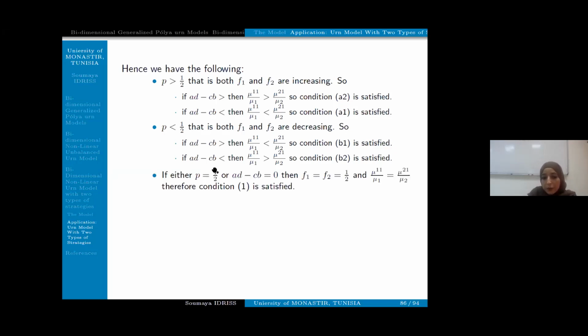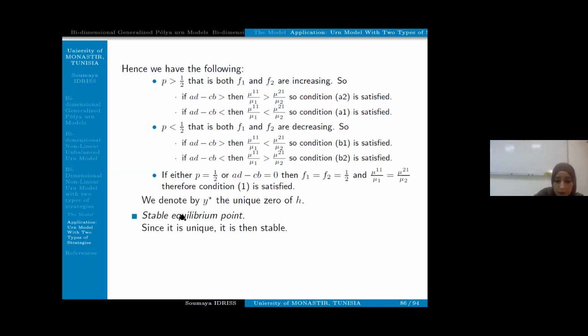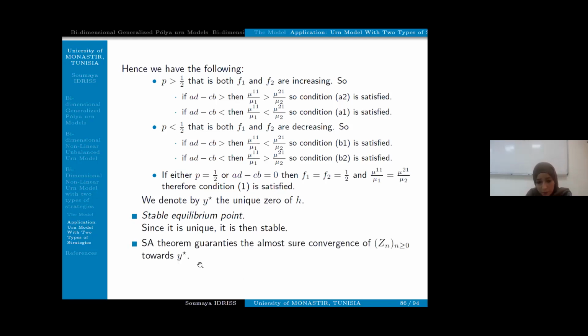Now, if either P equals 1/2 or this quantity equals 0, then these two functions equal 1/2, and then condition 1 of the theorem is satisfied. For the stable equilibrium point, since it is unique, it is stable, as we said in the first part of this exposé.